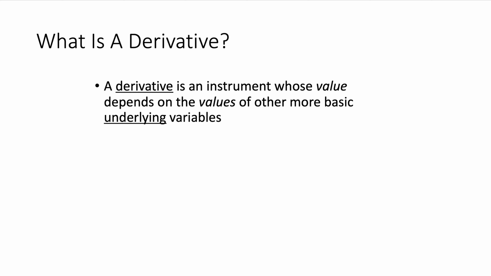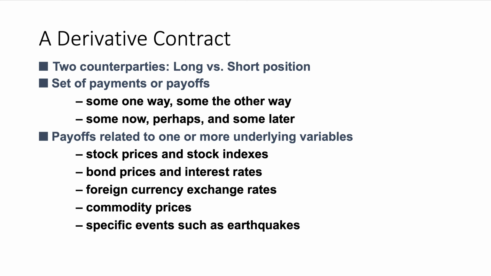So a derivative, its value is based on some underlying variables. It depends on what the underlying variable is. If the underlying variable is stock price, then you have stock option. If the underlying variable is a bond price, you have bond options, or the interest futures forward.